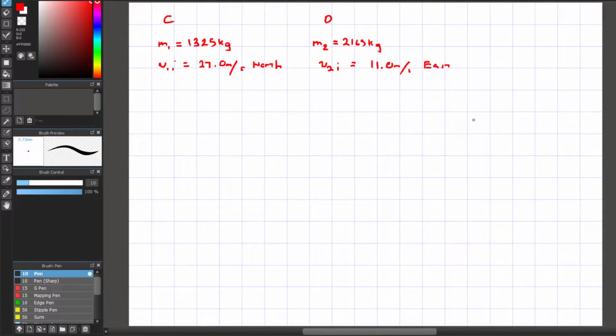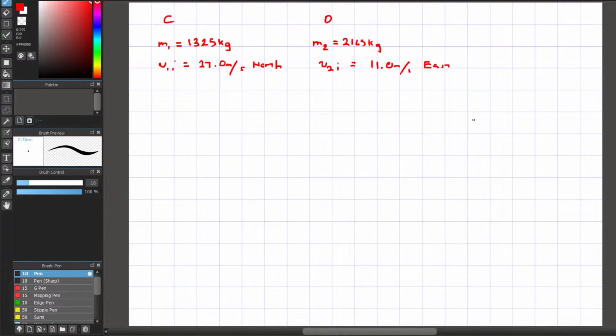Immediately you'll notice that velocities for each car have a direction: the velocity for car C is 27.0 meters per second north, and the velocity for car D is 11.0 meters per second east.